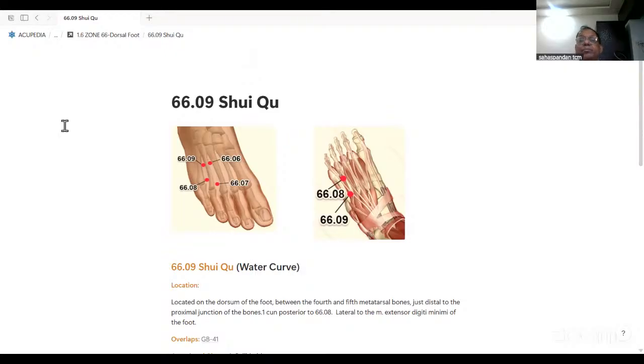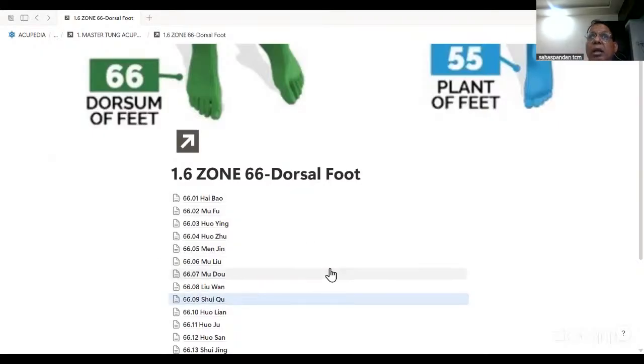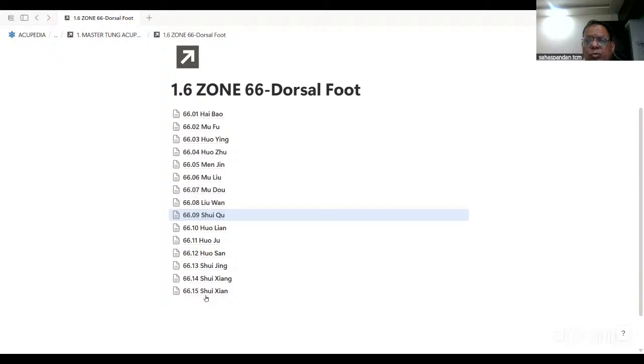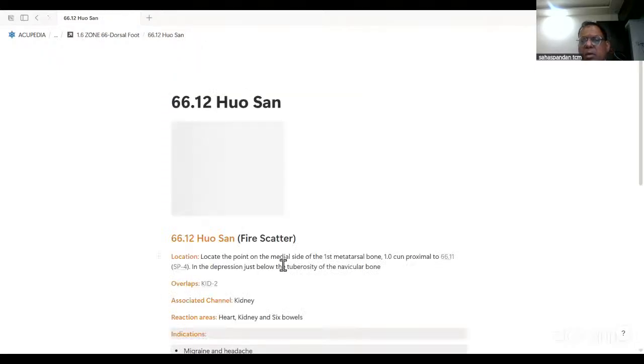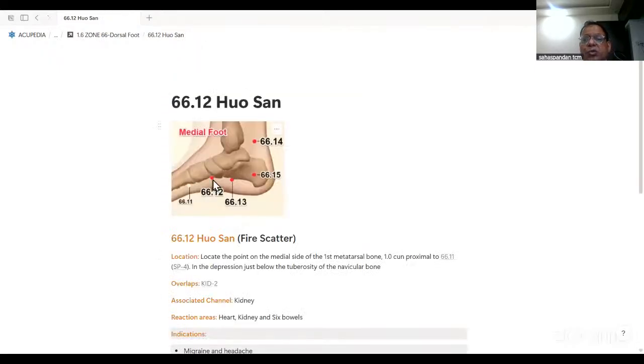Then 66.12, this is the kidney 2 point. This is a kidney 2 point, overlapping kidney 2. Okay.